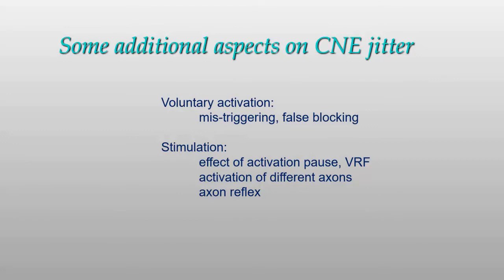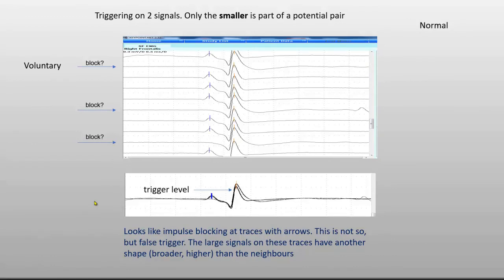First, the voluntary activation. The first situation that may lead to misinterpretation of impulse blocking in voluntary activation studies is discussed here. The trigger level, which I indicate here with the arrow, is the amplitude threshold for starting the sweep. All signals with amplitude exceeding this level will be seen on the screen.